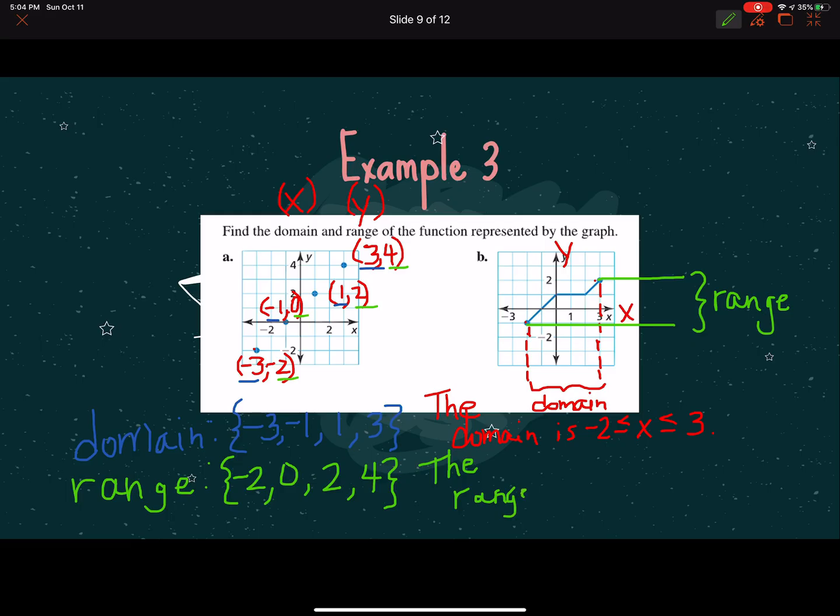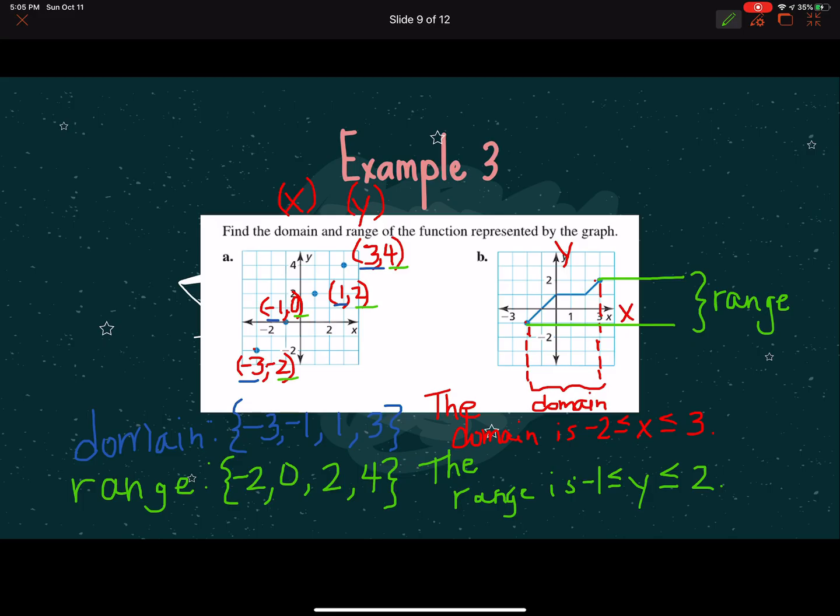So the range is, now with our range, we're going to use the value y. And the greatest it can be is 2. The least it can be is -1. So if the greatest it can be is 2, and it's also a solid circle, so we're going to include less than or equal to. And the least it can be is -1. And I'm going to put a period there at the end.